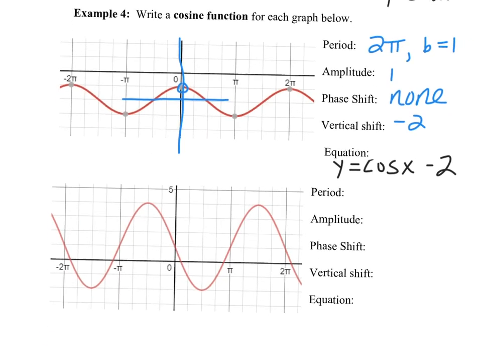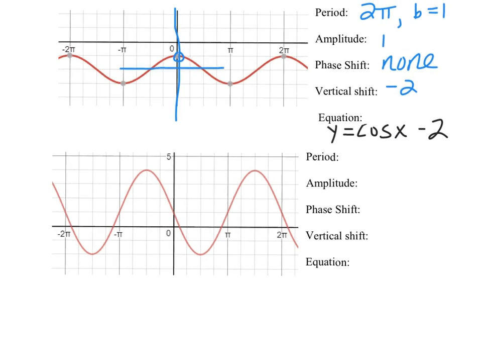And the last one, so cosine starts in the middle. This has a phase shift. I was going to say it's a sine function, but really cosine and sine are the same. They're just translations of each other. So if this has to be a cosine function, my period is 2 pi. My amplitude is going from negative 2 to 4, so it's 6. So half of that is 3.